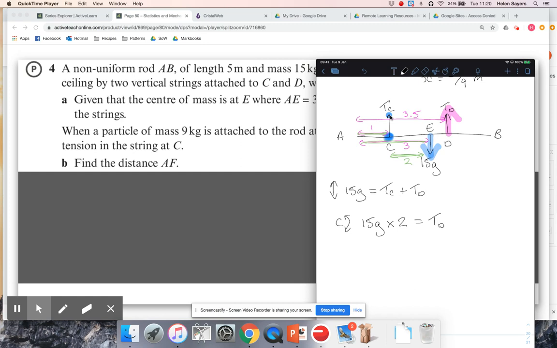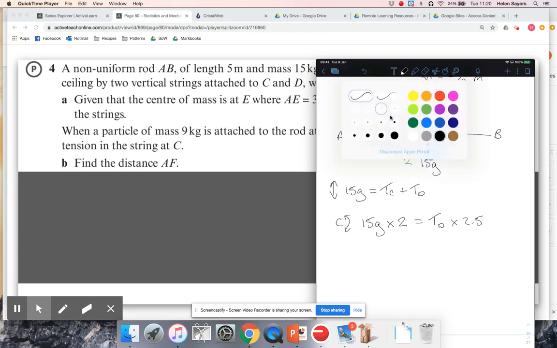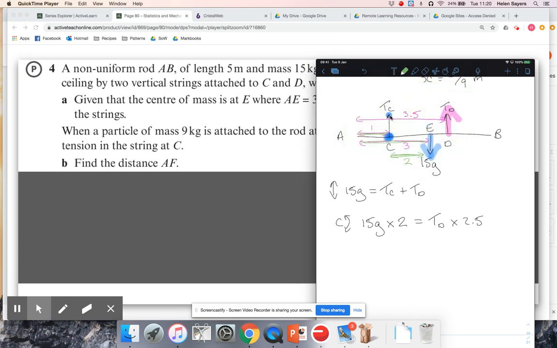And D is 2.5 meters from C, because the whole length is 3.5 meters, but that's 1 meter, so that distance there is 2.5.